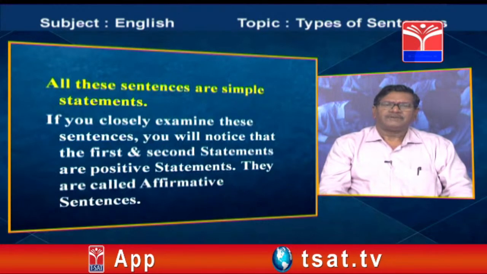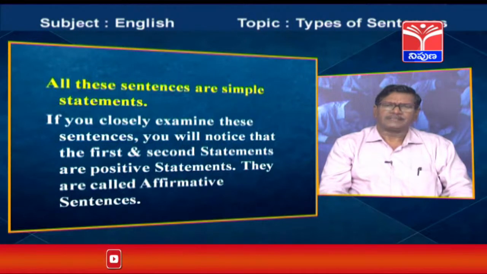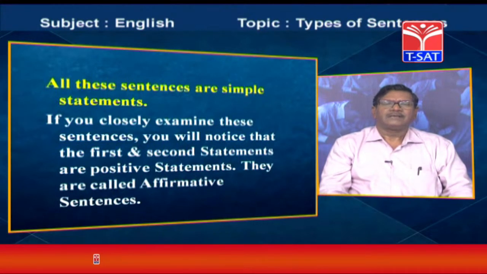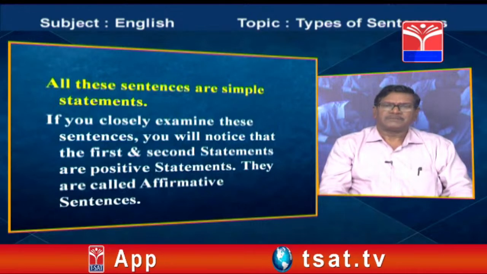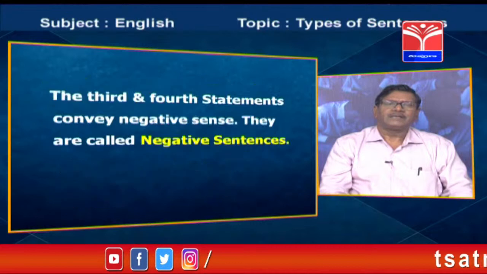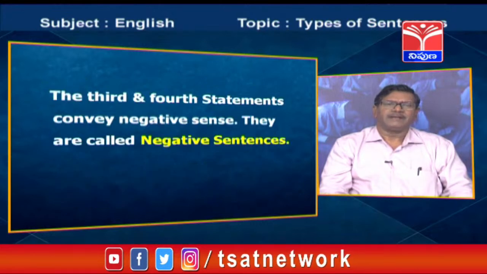If you closely examine these sentences, you will notice that the first and second statements are positive statements, and they are called affirmative sentences. So, affirmative sentences are nothing but positive statements. Similarly, the third and fourth statements convey negative sense.